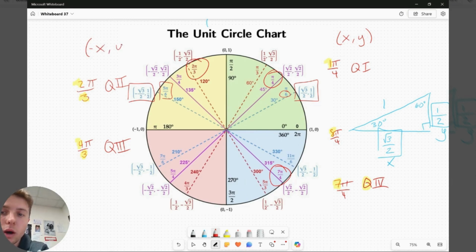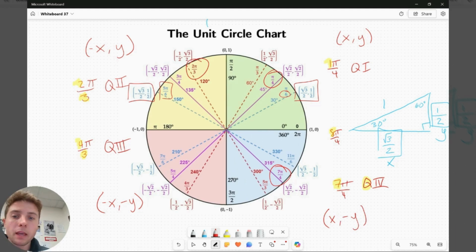In quadrant 2, the x value is negative. In quadrant 3, both are negative, and in quadrant 4, the y is negative. If you know what quadrant your angle gets you to, and you know the denominator, you should be able to determine what the coordinate is. You should know the coordinate, and then you can determine the signs based off your quadrants. The unit circle is a little weird. We will continue to break it down in the next video.